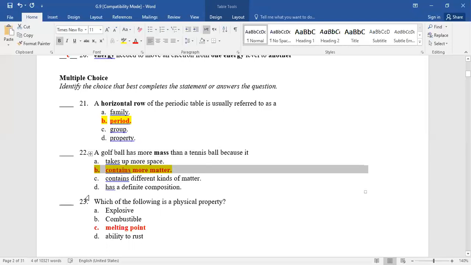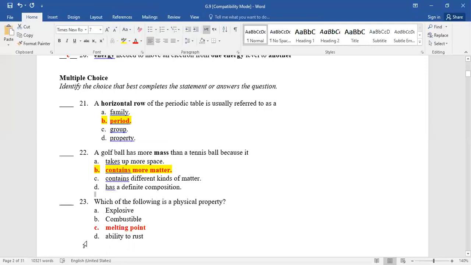Let's get to number 23. Which of the following is a physical property? Explosives, combustible, melting point, or ability to rust. If I'm talking about physical and chemical, here I'm talking about the physical one. That's the keyword for us.